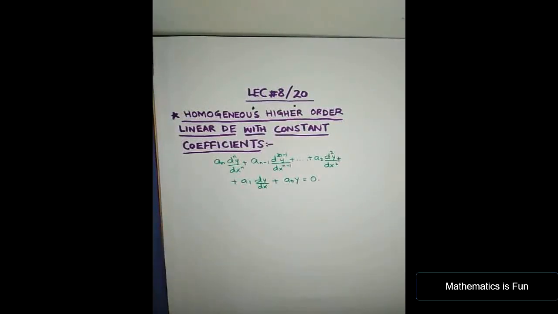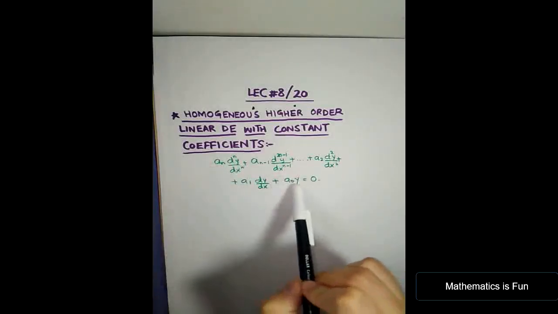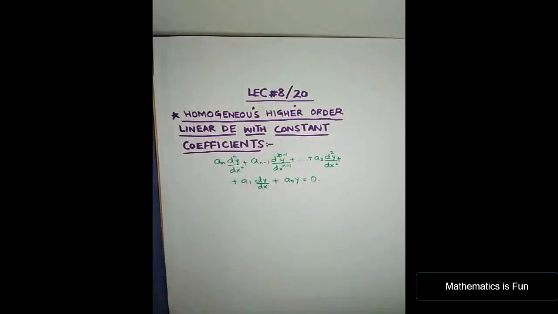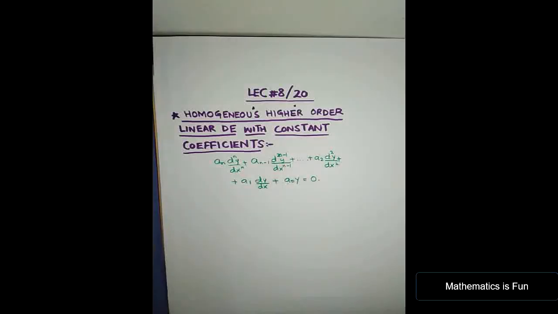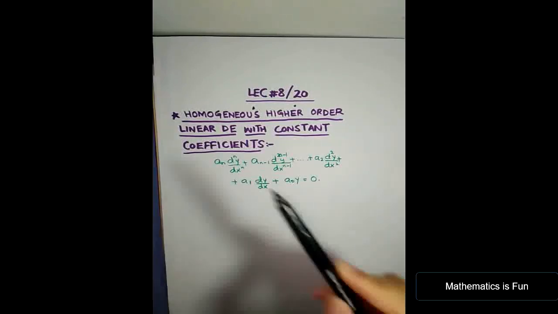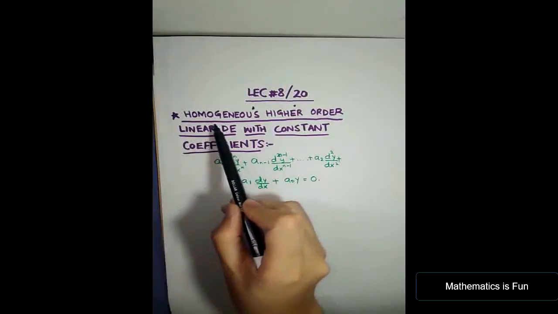Second, all y's and all the derivatives of y should have degree 1, which you can see here. The third condition is not applicable because the equation is homogeneous, so we have no concern with g of x, which is 0. If it is non-zero, we can use other techniques. So the linear condition is met here.